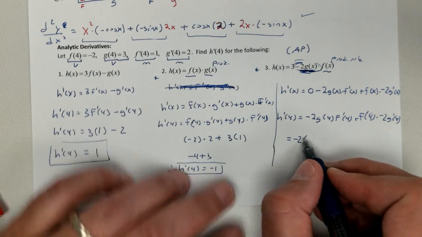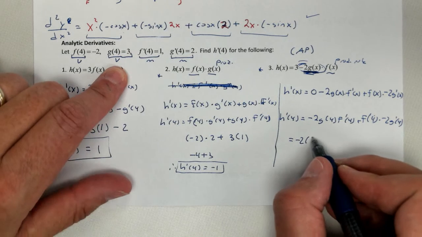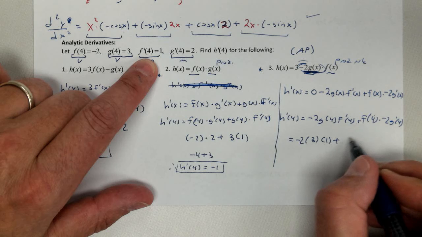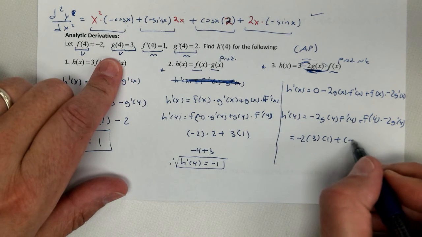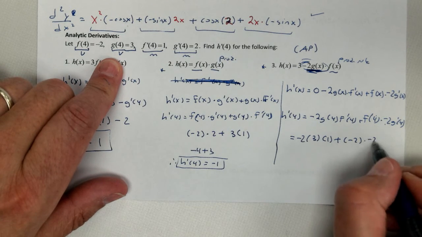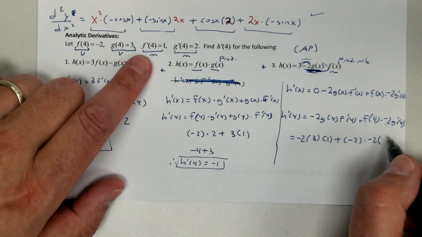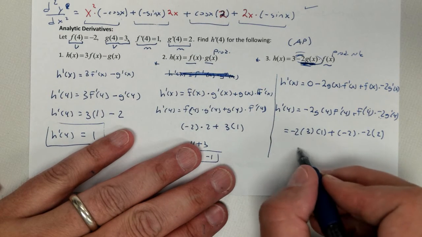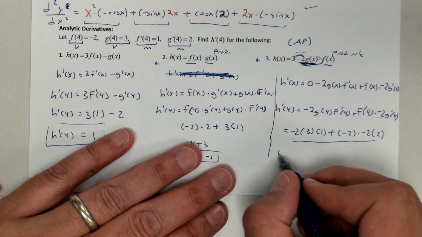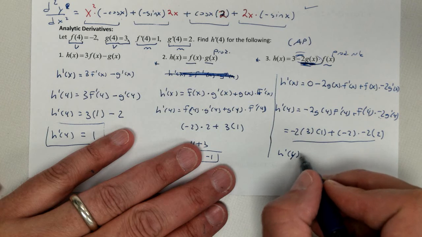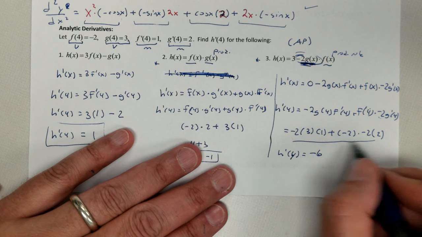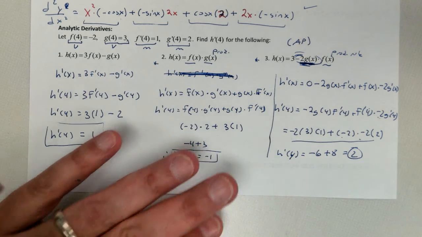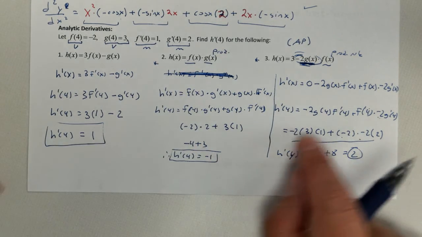Negative 2, g of 4 is 3, f prime of 4 is 1, plus f of 4 is negative 2 times this negative 2, and g prime of 4 is 2. You can leave it like this, but we can clean it up really quickly. We're going to get negative 6, plus 8, which is, I believe, 2. Maybe I messed up on the arithmetic there, which is why we don't normally simplify.